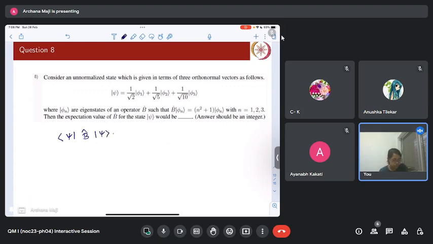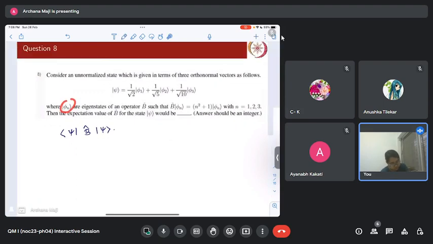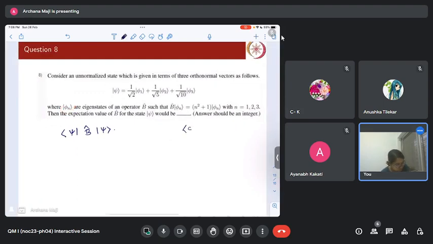Okay, and the question says that this phi n, these are all orthonormal vectors, meaning phi n phi m is equal to delta nm, which is equal to 1 for n equal to m, 0 for n not equal to m. Okay, so that is all that is given here.